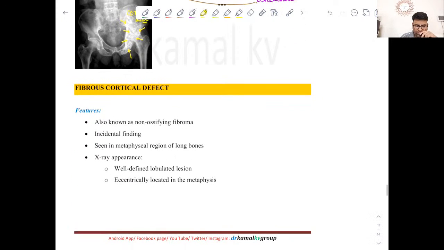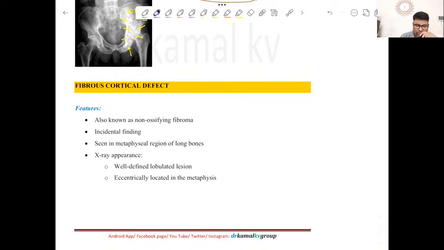Then we come to fibrous cortical defect. Now I think you must be knowing what is cortex. So suppose this is a long bone, this outer part is cortex and in the middle is all medullary cavity. Okay, so this is the medullary cavity and this outer part is cortex.